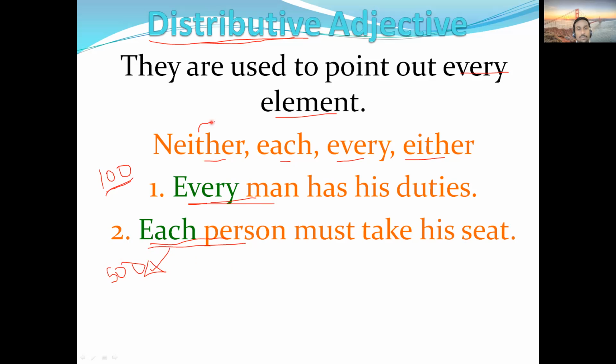So here again you see either and neither, so they are again distributive. And I think that we have studied them in numbers also, so it can be at both. But you know what I told: when it is referring to either or neither, they are generally referring to two, number two. Either means both of them, neither means none of them.